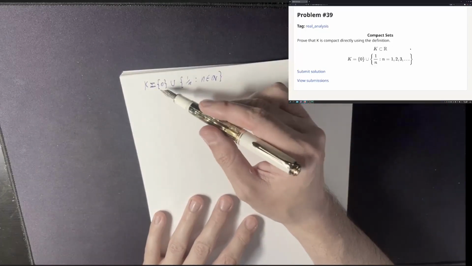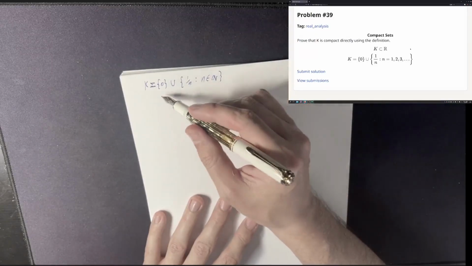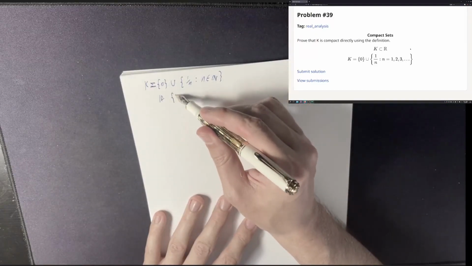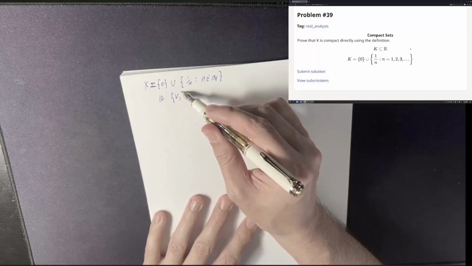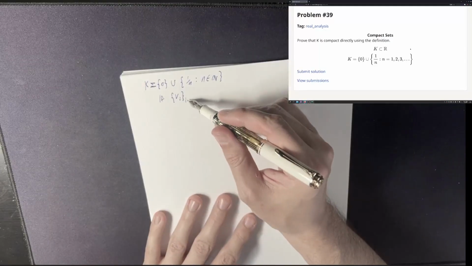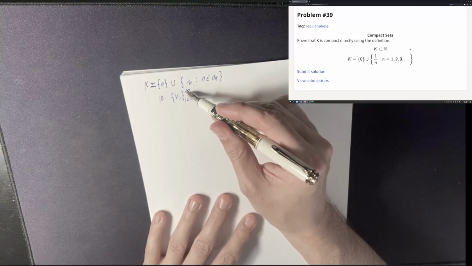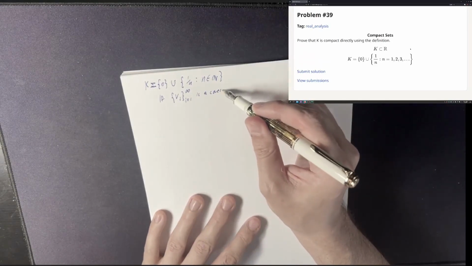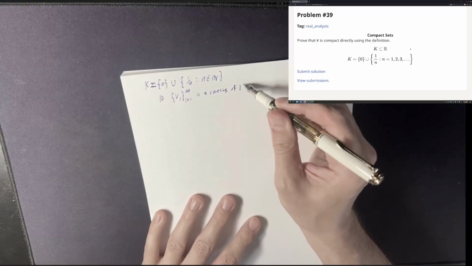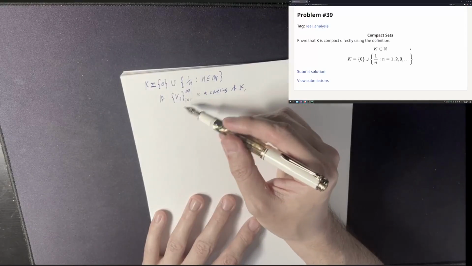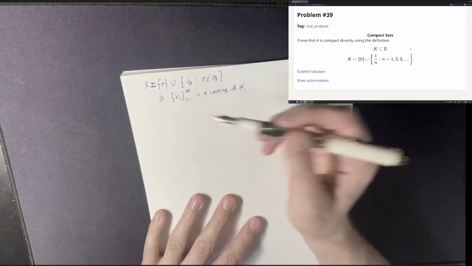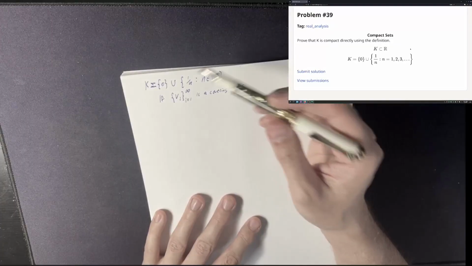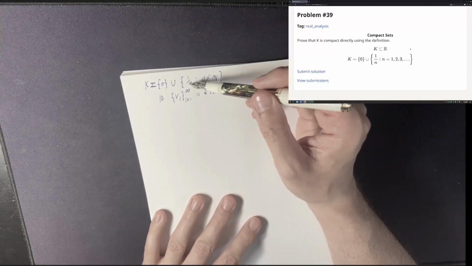Any set that contains 0. So first of all, if you have a covering, let's say V_i is a covering, potentially infinite. One of these sets contains 0, and 0 is also a limit point for this sequence.